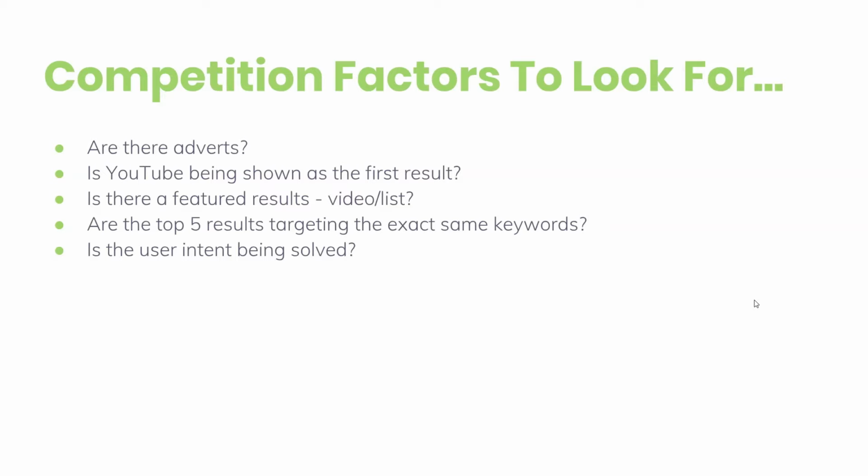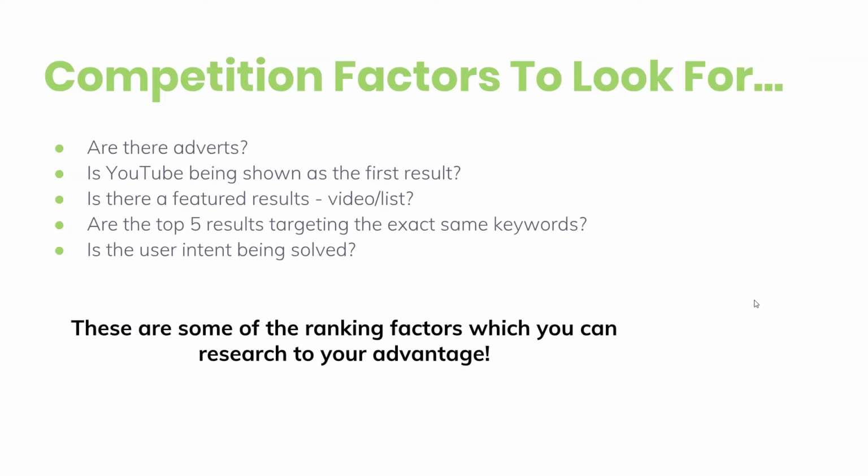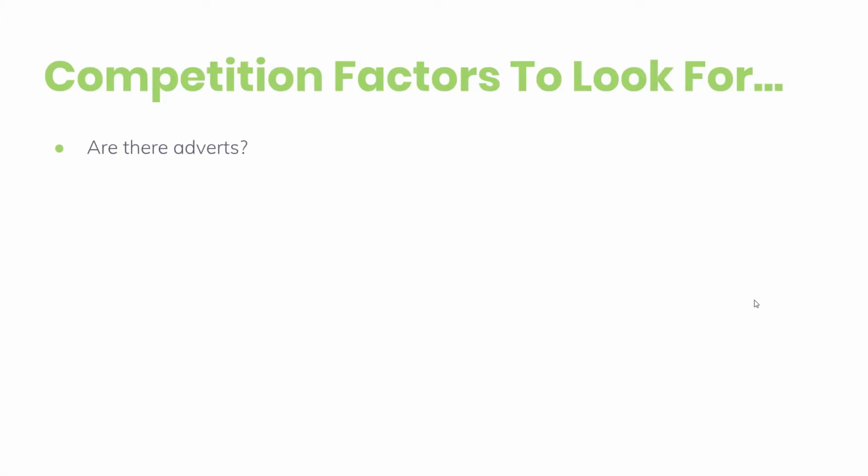In other words, is there a whopping big featured snippet at the top? Are the top 5 results targeting the exact same keywords? Is the user intent being solved? Now I'll talk you through these one by one, but these are the competition factors which you can take advantage of, because this gives you a clear indication if a keyword is worth writing about. Okay.